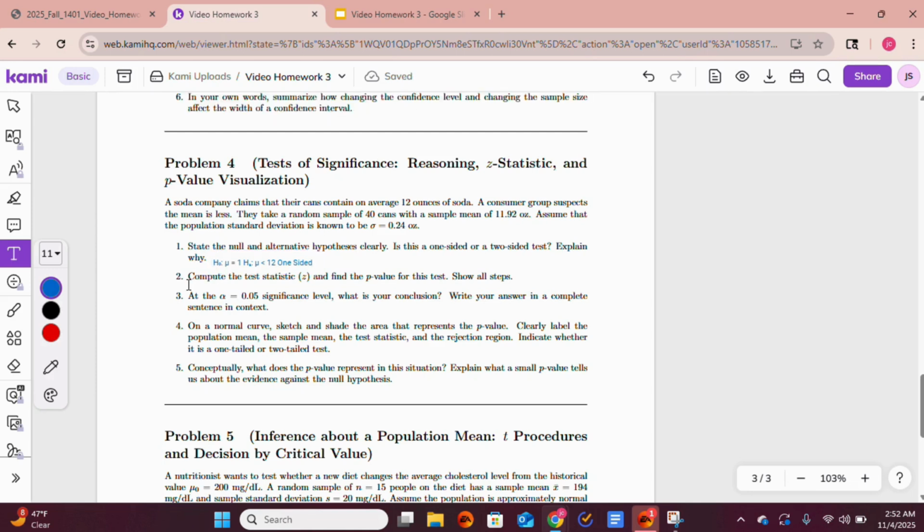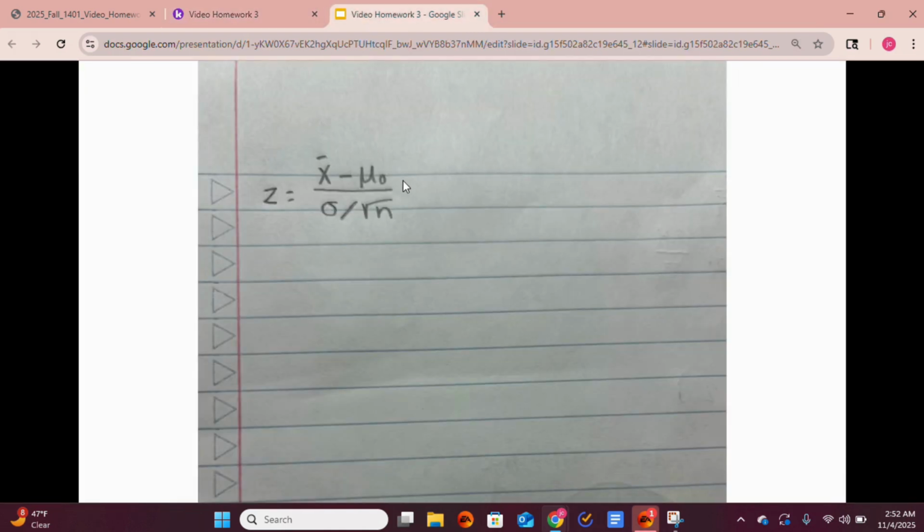Now we can go on to question 2, which asks us to compute the test statistic and find the p-value for this test. Show all steps. We first set up the equation z equals sample mean minus hypothesized mean over standard deviation divided by the square root of n.